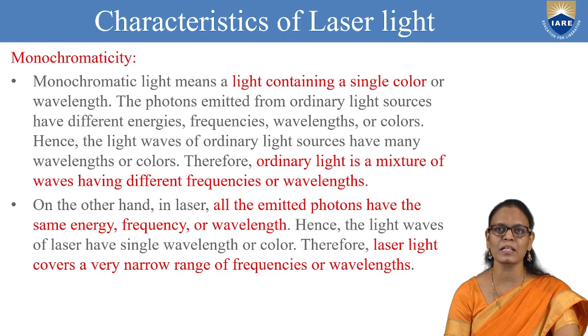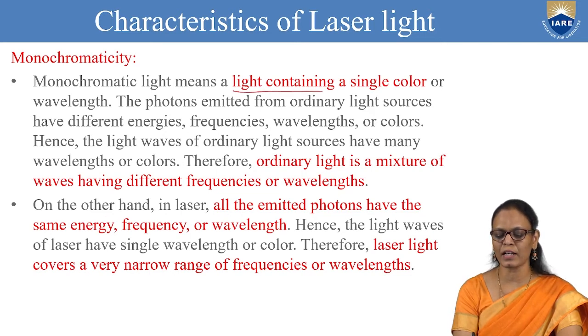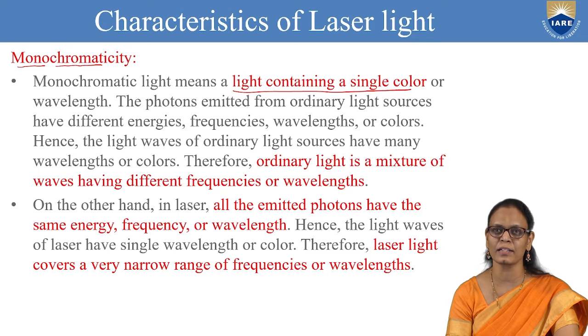The first one is monochromaticity. I said laser is highly monochromatic. So what does monochromatic mean? Monochromatic light means light containing a single color. Mono means single. Chromatic is always related to color.